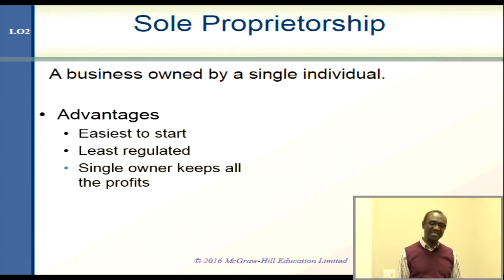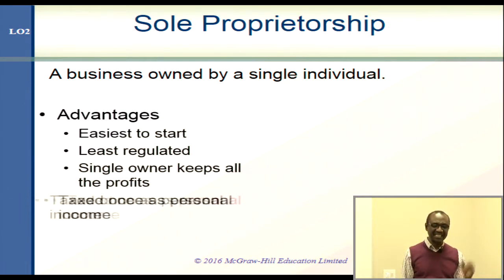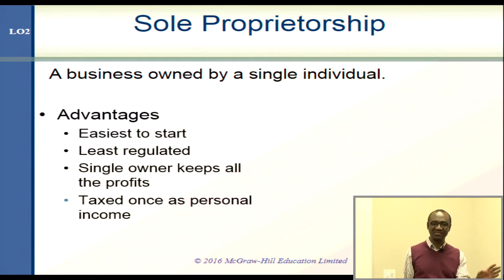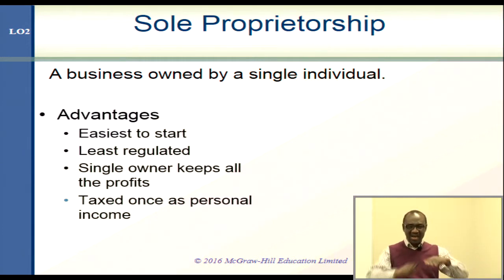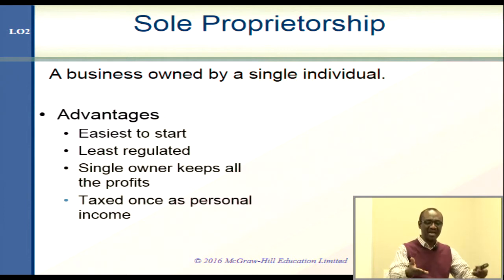And the fourth benefit is that tax is paid once. The reason behind it is that there's no separation between the owner running the business and the profit the business presents at the end of the year.